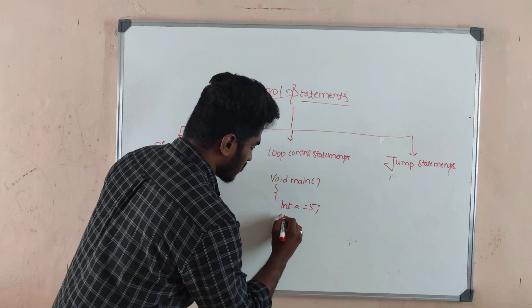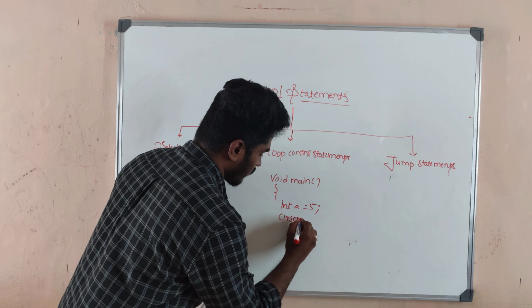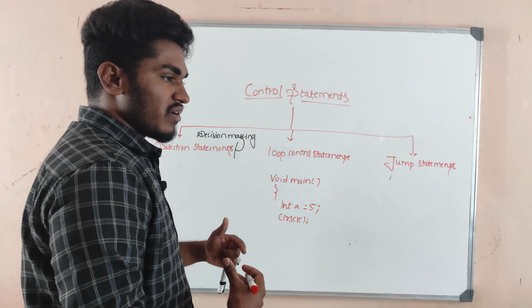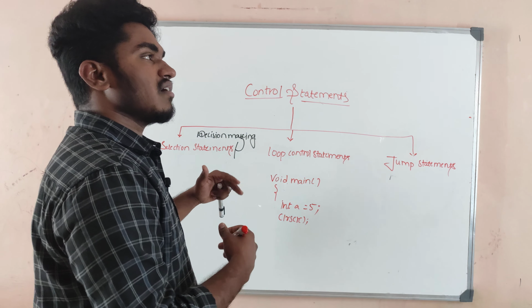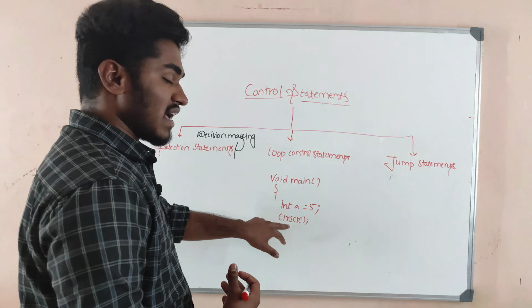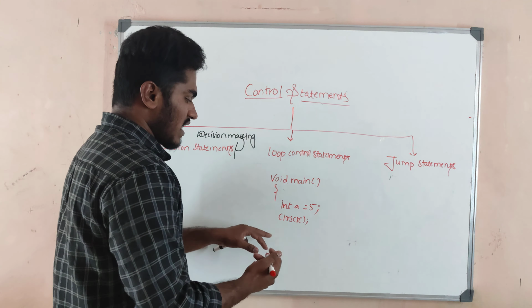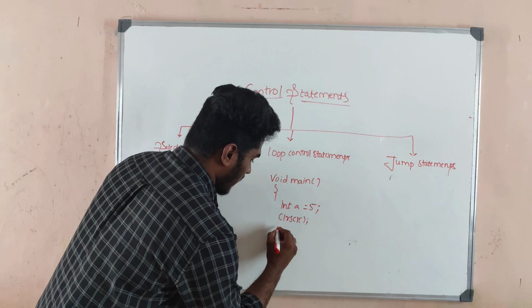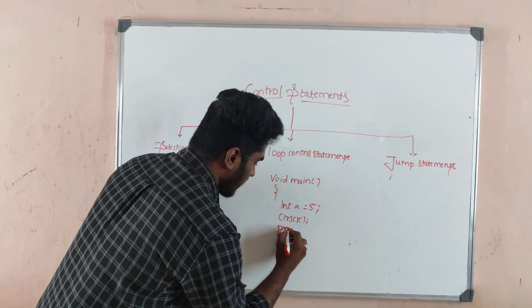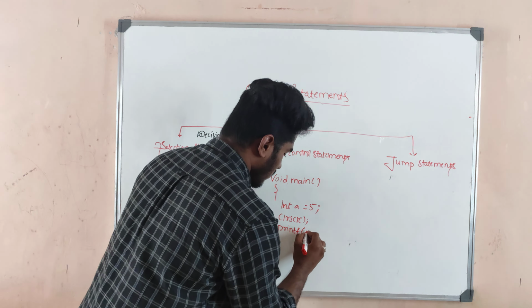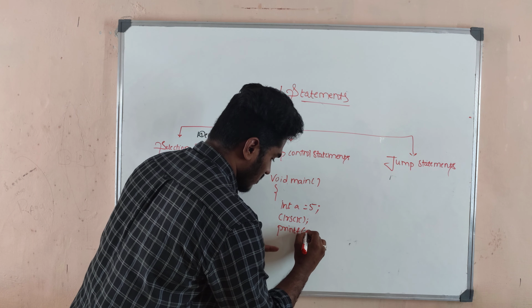This function is used whenever we want to clear the output screen. Now I'm trying to print this a value, and for that printf. printf is an output statement, the output function.